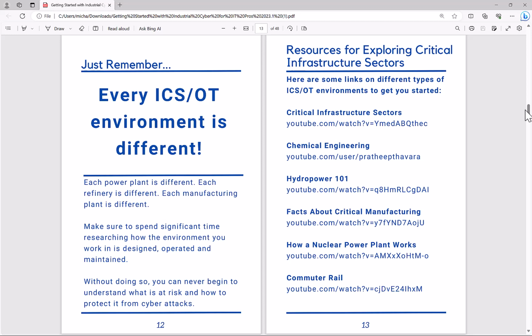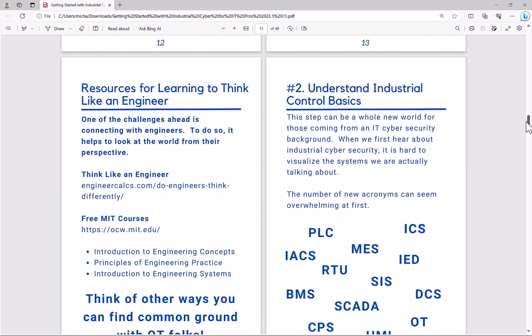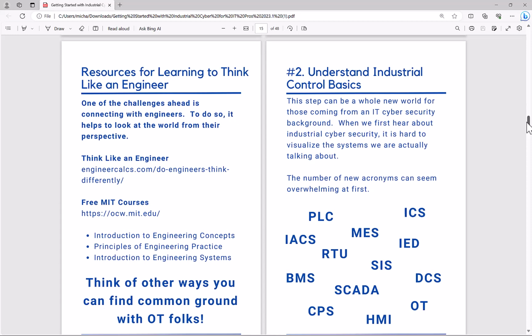So you have to be able to be flexible and, again, learn the differences, work with the engineering teams, work with the folks that run the facilities and maintain them, because that's the only way we're going to really understand what we need to know to be able to protect these environments. And then there's some more resources. Again, there's a blog post, and then there's a lot of free engineering courses at MIT.